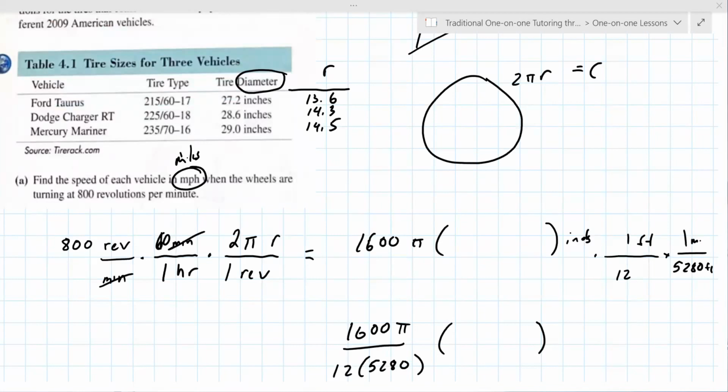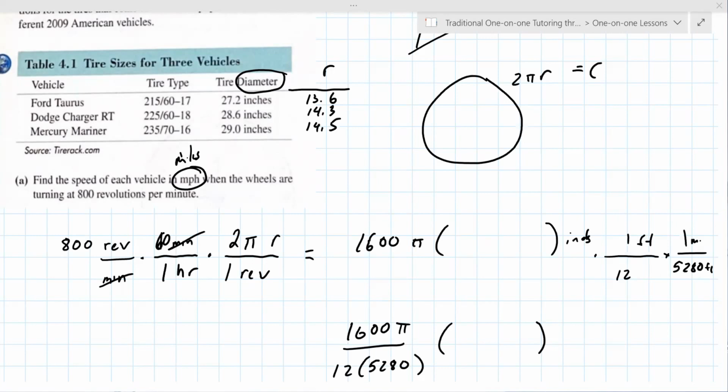Maybe I didn't get this right. I got 0.34 repeating. Yeah, I got 1.08, but that doesn't seem very fast in miles per hour.